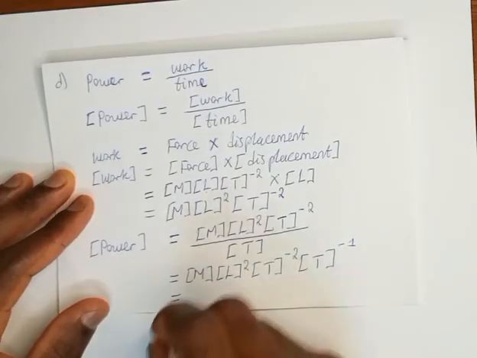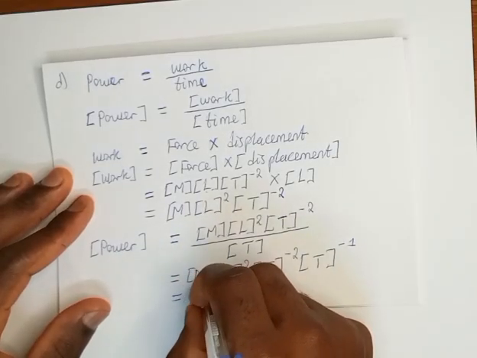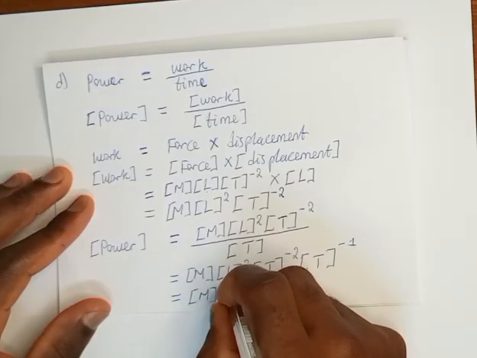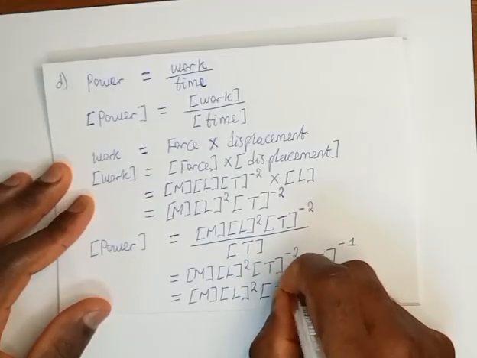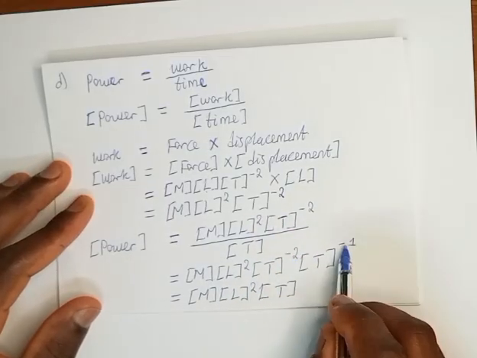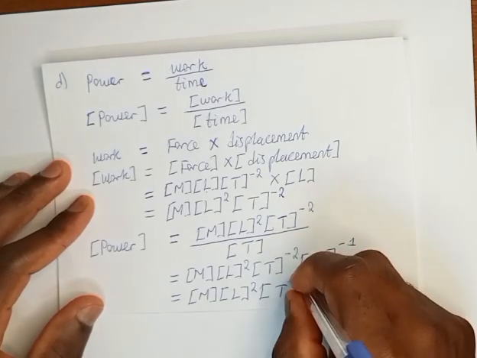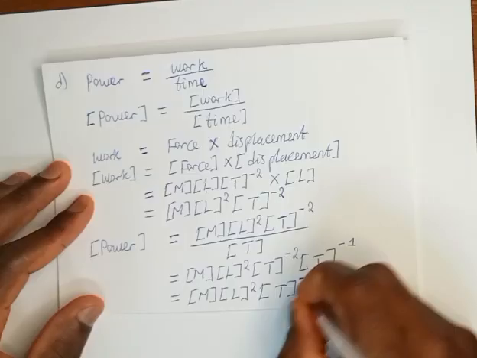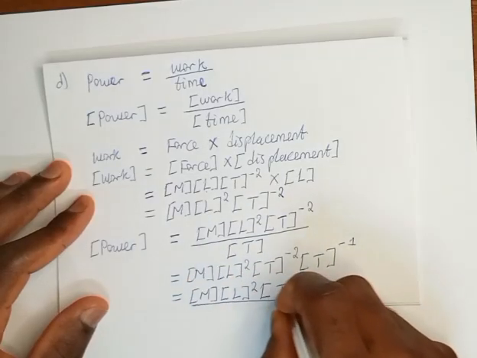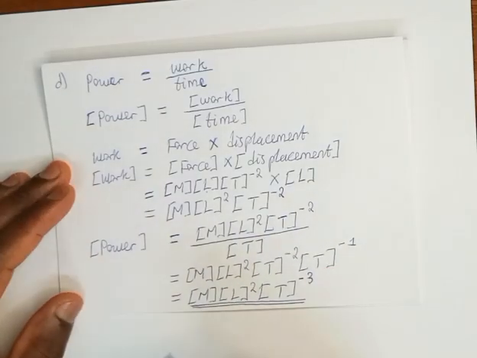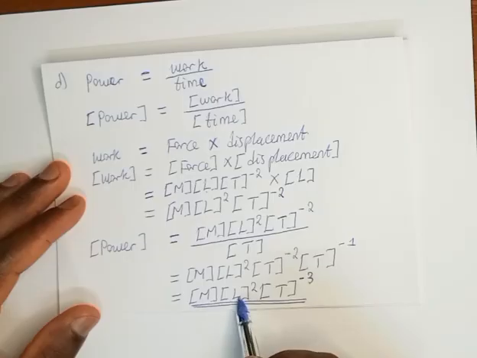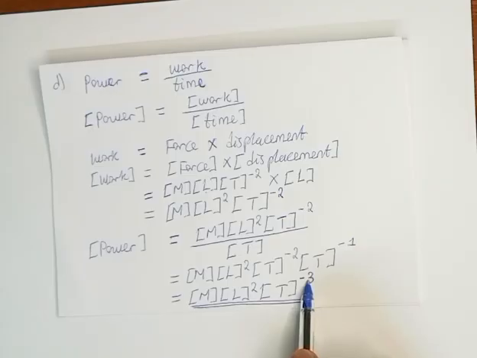And this will be equal to m times L squared times t to the power, we take negative 2 plus negative 1, which gives negative 3. Therefore, the dimensions of power, we have m times L squared times t to the power negative 3.